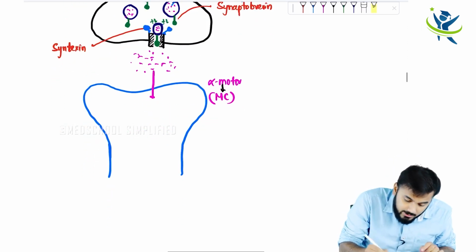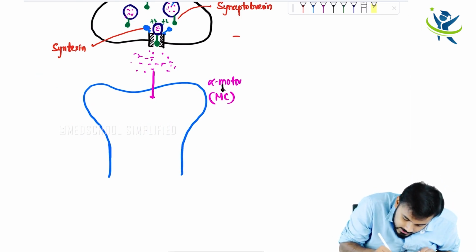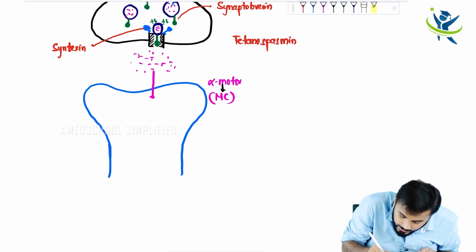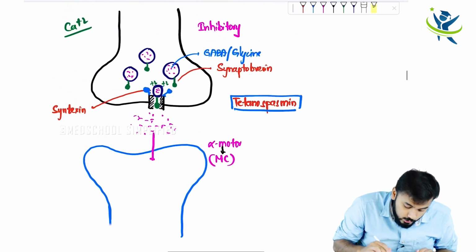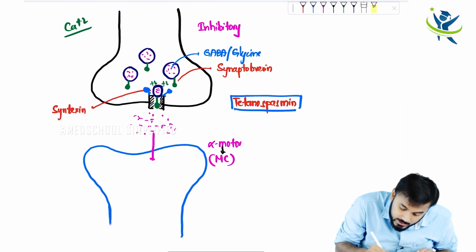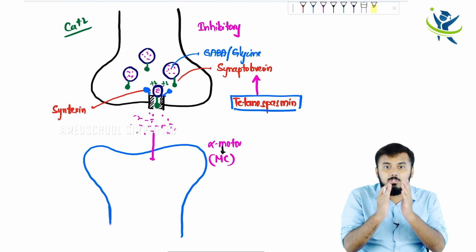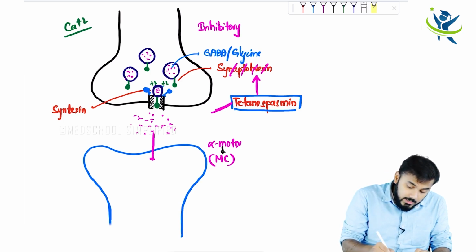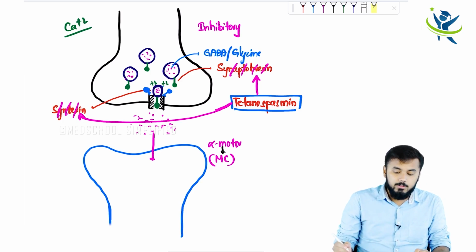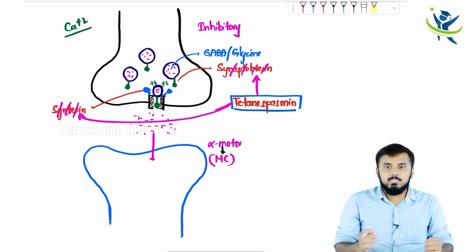This tetanospasmin is so potent, look here very carefully, that it will cleave or lyse the synaptobrevin molecule, and not only that, it even breaks down the syntaxin molecule. So we basically say that tetanospasmin cleaves synaptobrevin and syntaxin.